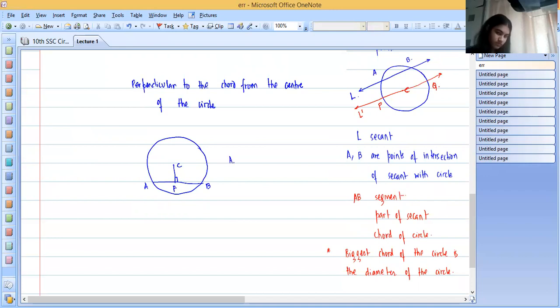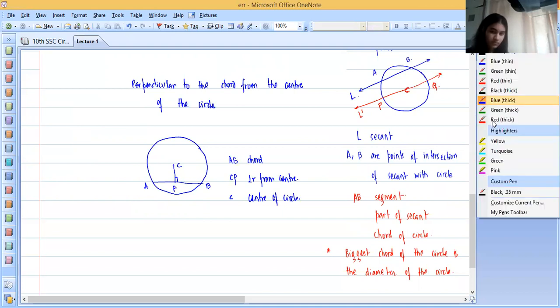So what is AB? Chord. What is CP? Perpendicular drawn from the center to the chord AB. C is the center of the circle.